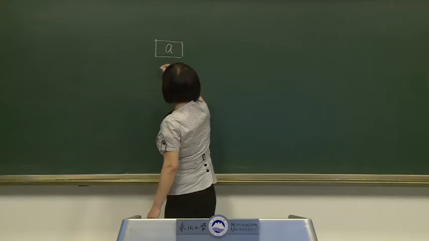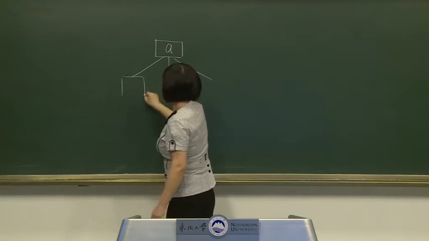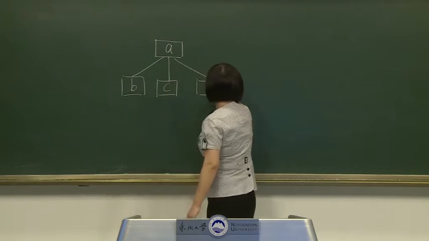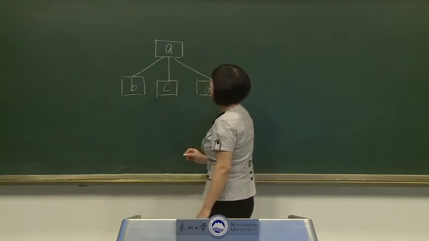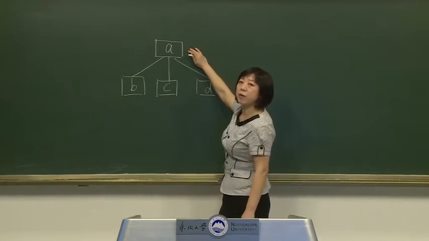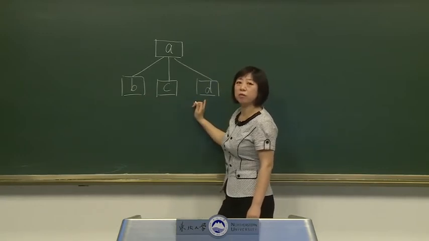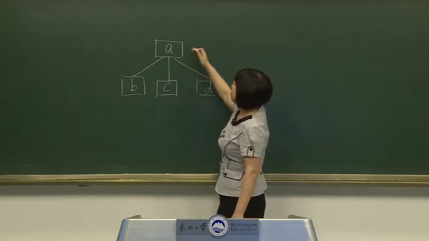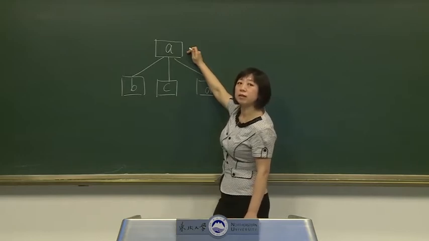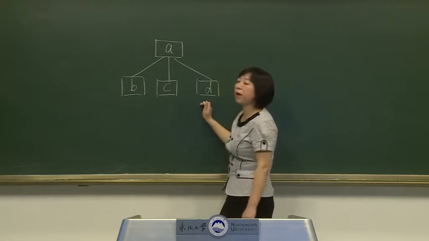Just now we said that module A is supposed to call module B and module C and module D. At this moment, module A is implemented, but module B and C and D are not available. So, to implement and integrate module A, we must make stubs for module B, C, and D respectively.